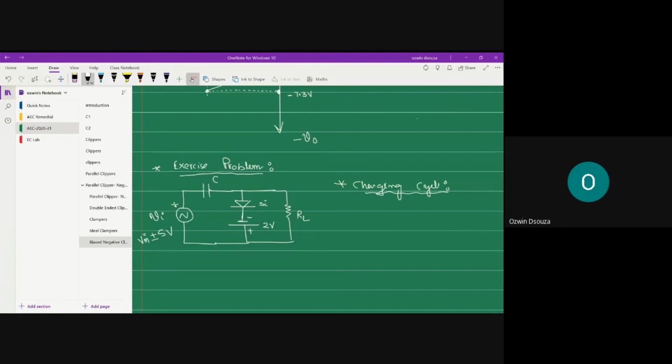Charging cycle. Plus minus, you put the polarity. So the capacitor is going to attain polarity as shown in the figure. Okay. So the silicon diode will have a barrier potential of this polarity sense, that is plus minus, upper side positive and lower side negative.